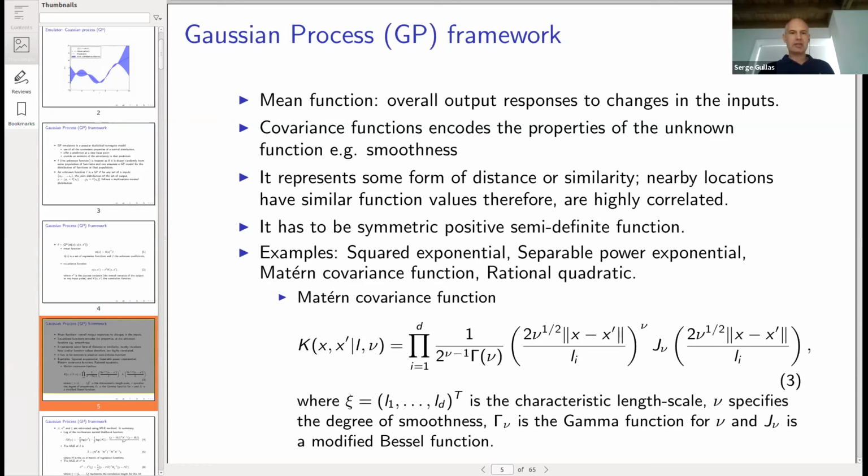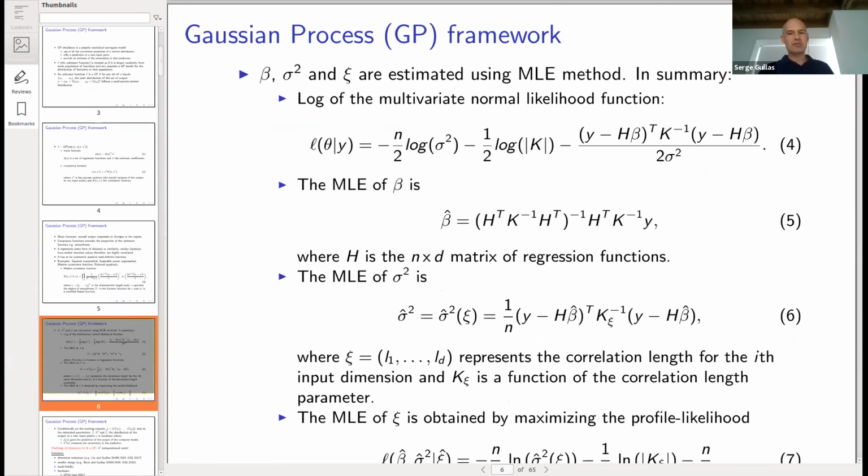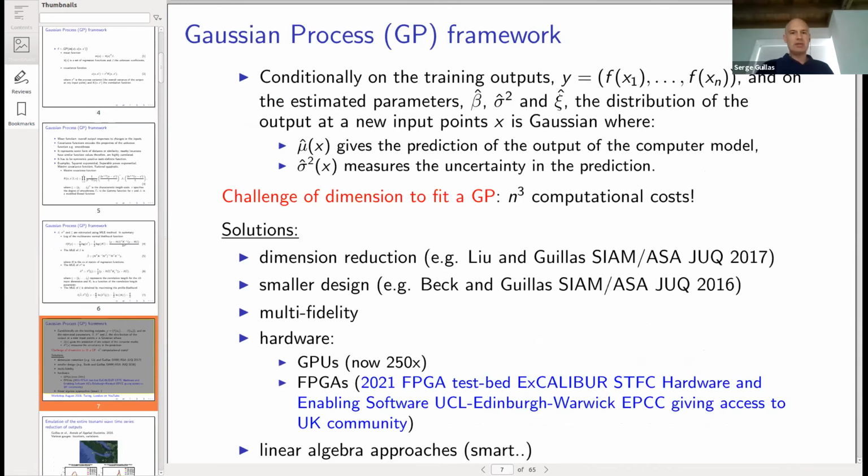If you do that, we have to fit, as I said earlier, all these parameters in order to fit this Gaussian process. I'm skipping the details here, but it has a cost to fit. The typical cost is n cubed for the fitting, because you have to compute some determinant or inverse of a symmetric matrix. So there are many solutions.